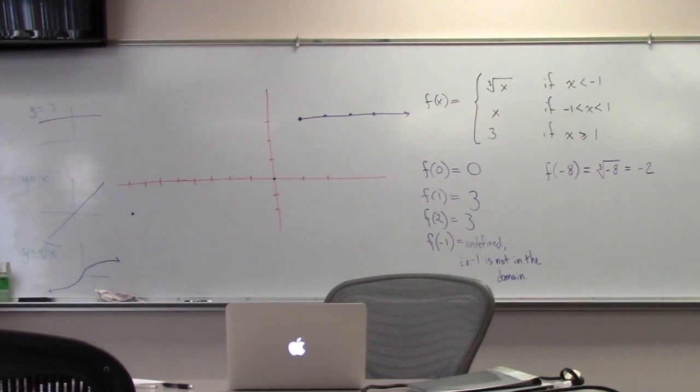So I just want to give you a chance to stare at it. I want to make sure you can see what I'm about to draw before I draw it. If it's not crystal clear yet, you should be thinking, what is f of 1/2? Since 1/2 is between -1 and 1, f of 1/2 is 1/2.